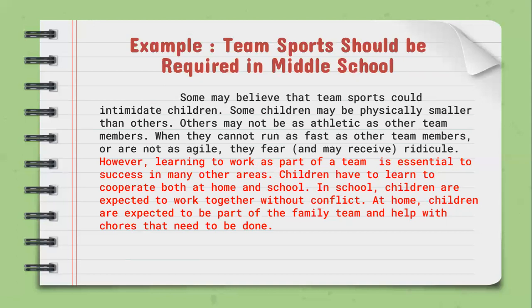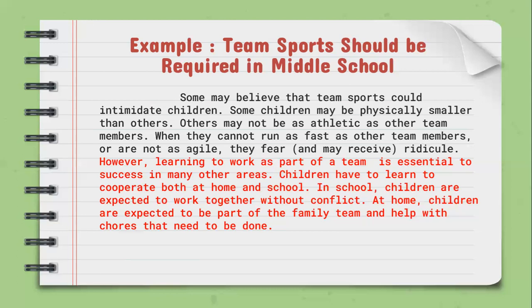And then the next part is our rebuttal. However, to work as part of a team is essential to success in many other areas. Children have to learn to cooperate both at home and at school. In school, children are expected to work together without conflict.